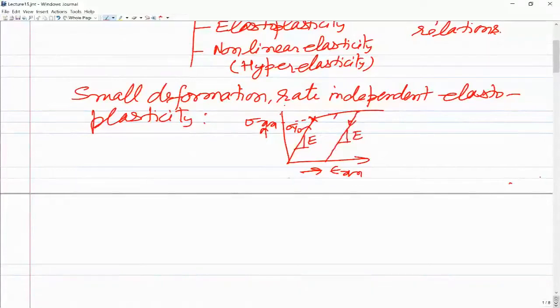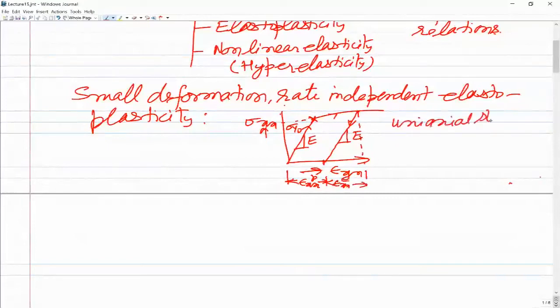Now this part of the strain, which is permanent, is the plastic strain, epsilon xx p. And this part which is recovered is epsilon xx elastic. This is the uniaxial stress strain curve.